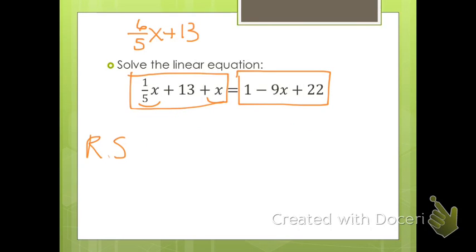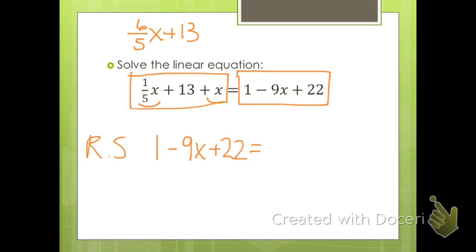Okay, so the right side of this equation is 1 minus 9x plus 22. So on this part, I can put that 22 and the 1 together to make it a little simpler looking.